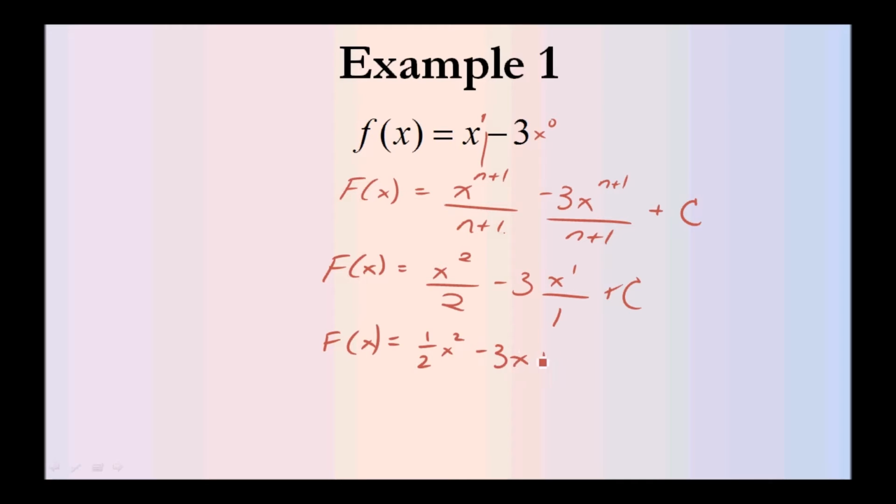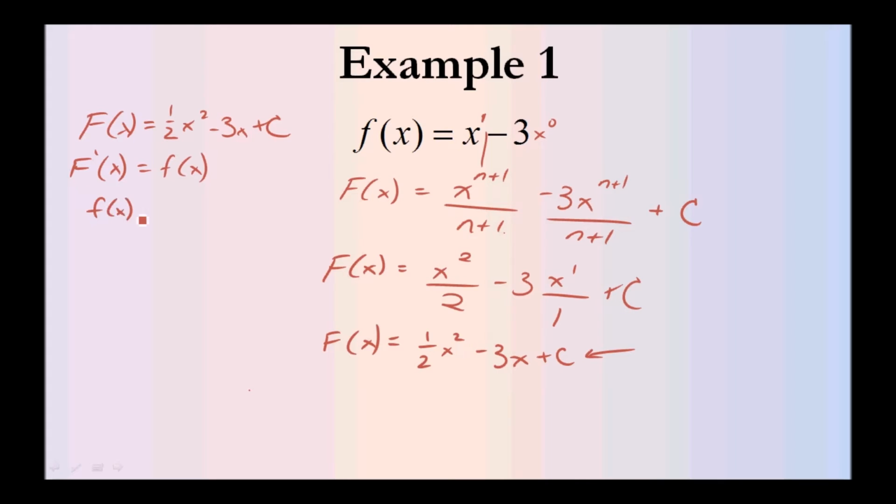minus 3x plus c. We need our constant here, which can be an infinite number of possible constants that are removed through differentiation. To check, we can write big F of x as 1/2 x squared minus 3x plus c. Deriving big F of x gives us f of x.